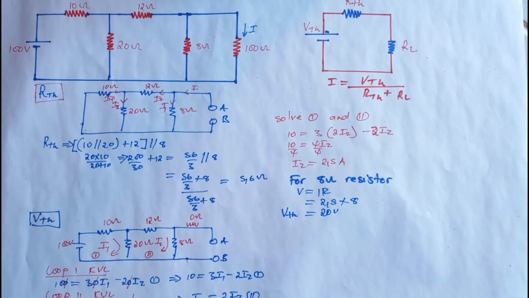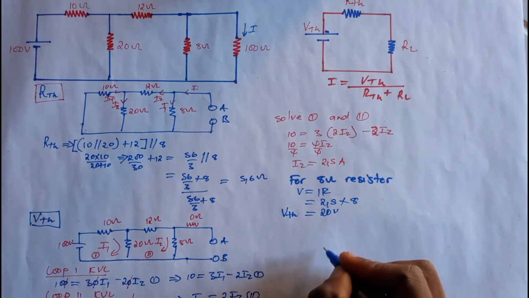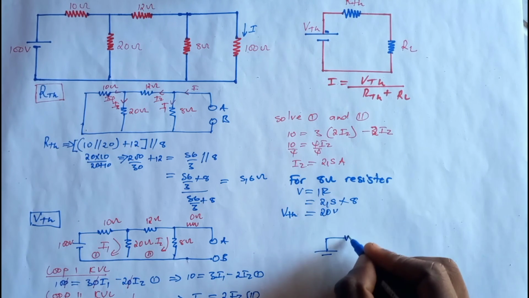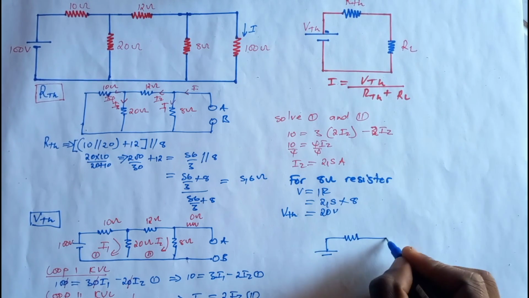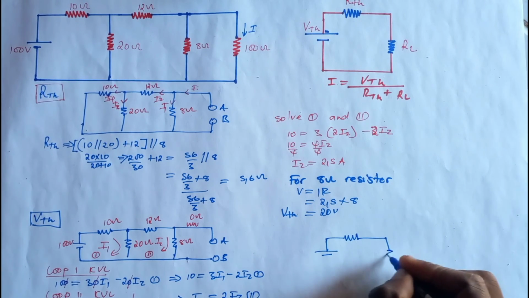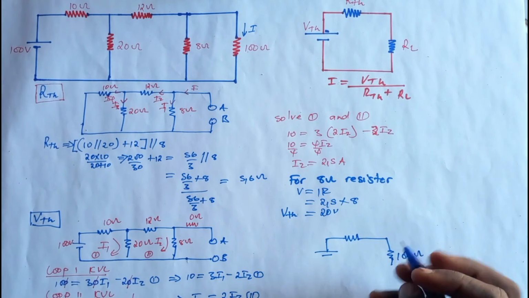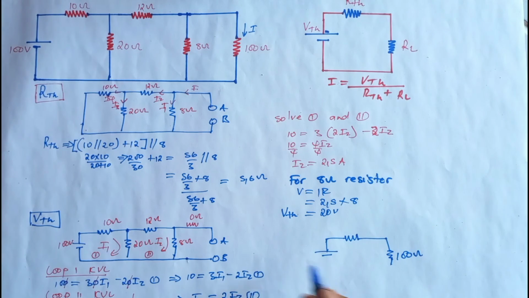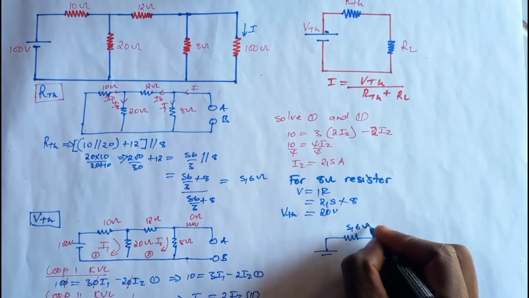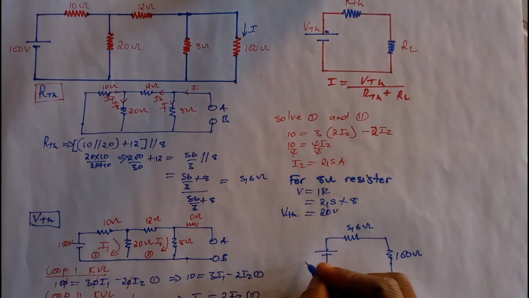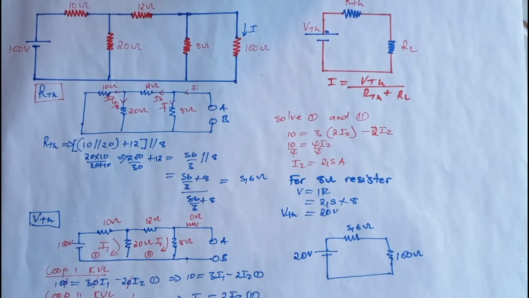So what is going to be our new circuit? We have the voltage source, the Thevenin resistance here, and the load resistor, which is 100 ohms. The Thevenin resistance is 5.6 ohms, and the Thevenin voltage is 20 volts.